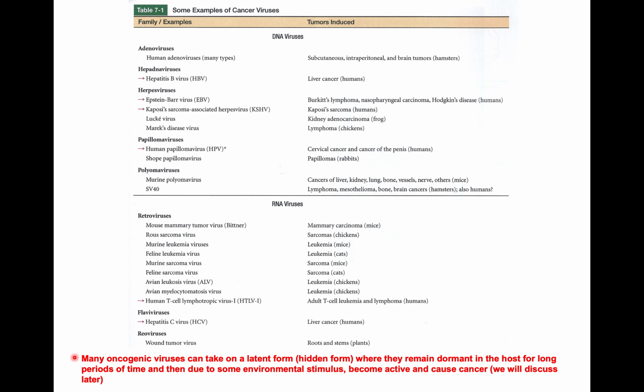I also wanted to point out here that a lot of these oncogenic viruses can become latent, meaning they can essentially hide out or stay dormant in a host cell, in some cases for a very long period of time.